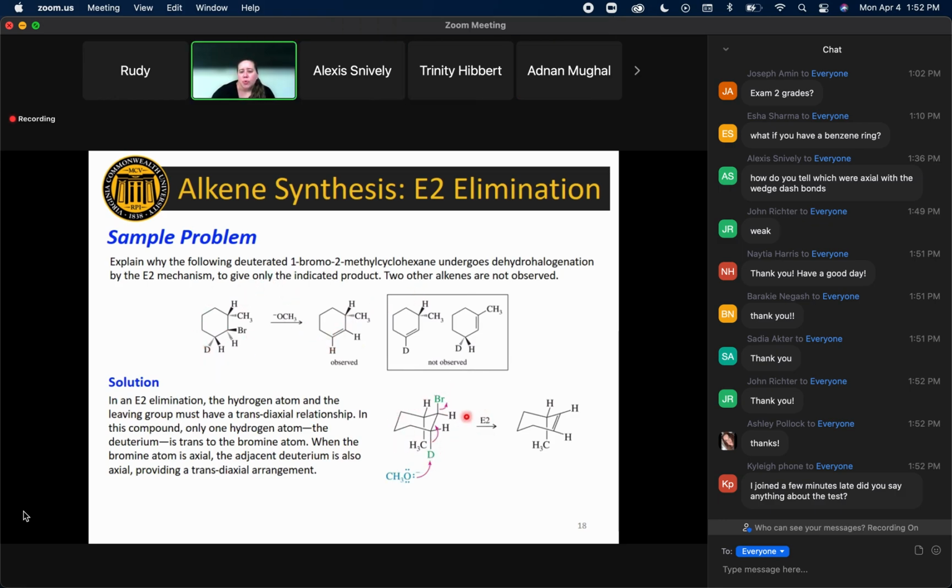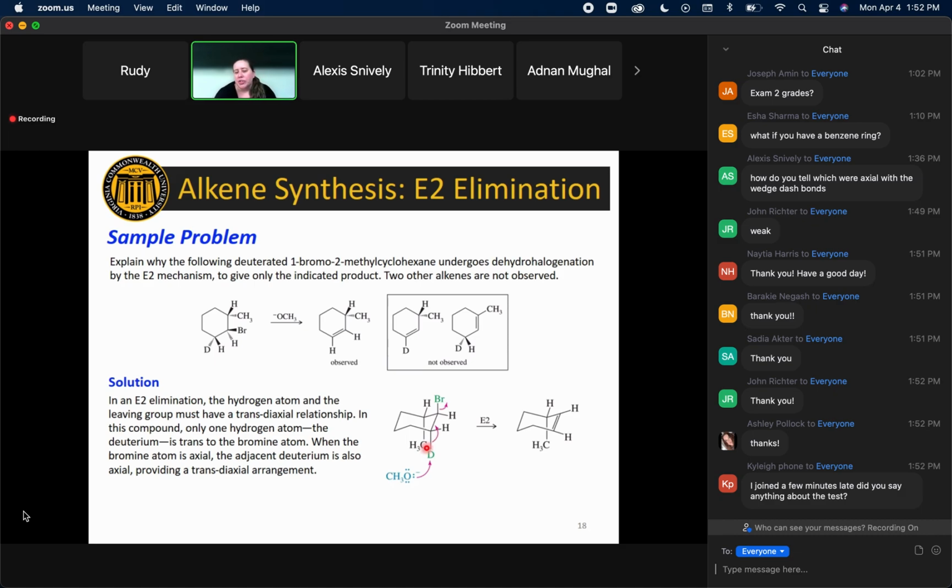I have drawn just one chair form here, but remember this chair form is a rotational conformer. So this chair form can flip and it is in equilibrium with the chair form where the bromine and the methyl group are axial. The chair form where the bromine and the methyl group are axial is actually the more stable chair form.